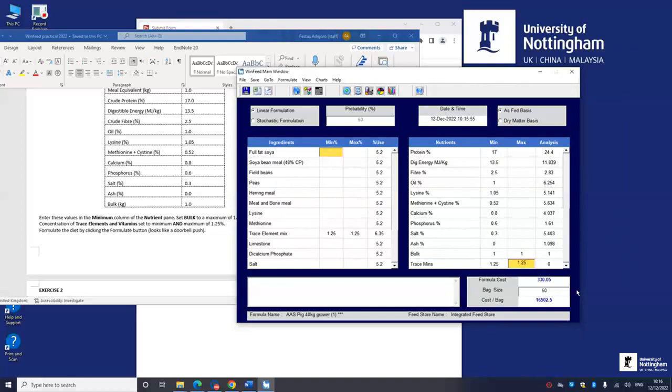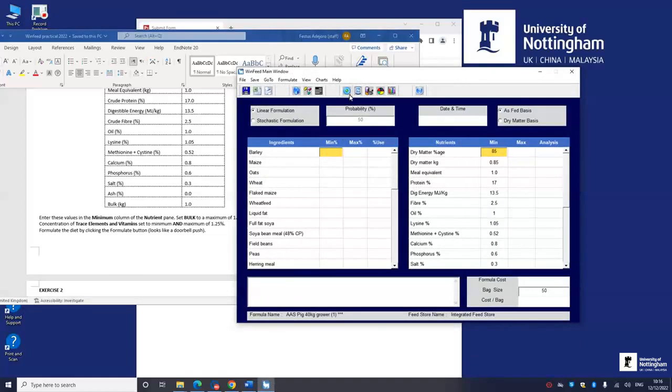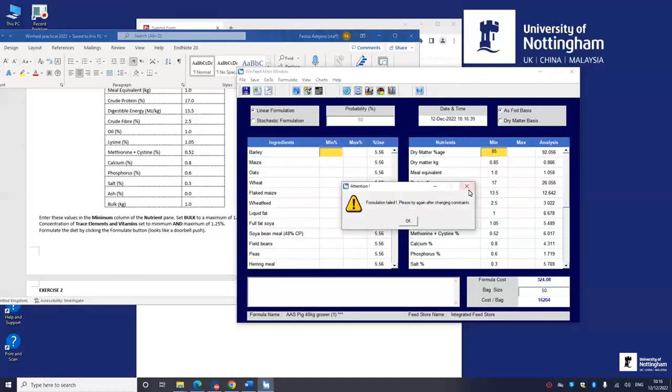Now, because prices had been included, what you have here will be the price of the ingredient based on what has been formulated. Let me say try again by changing constraints.